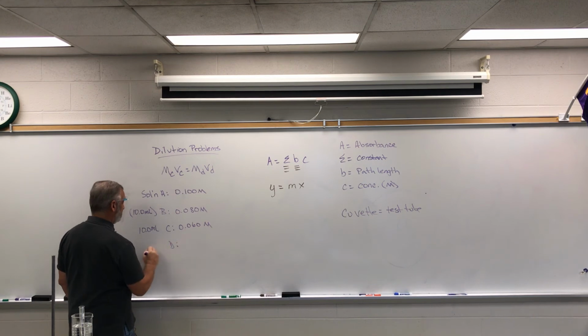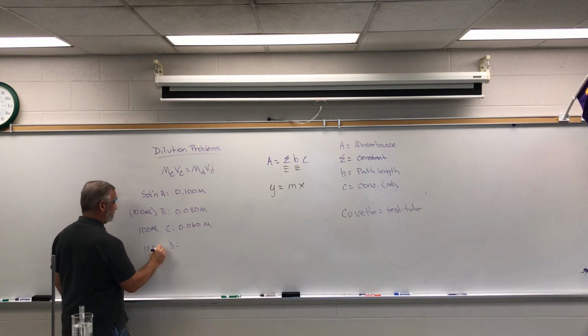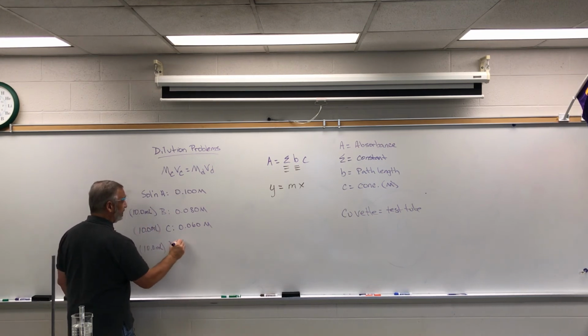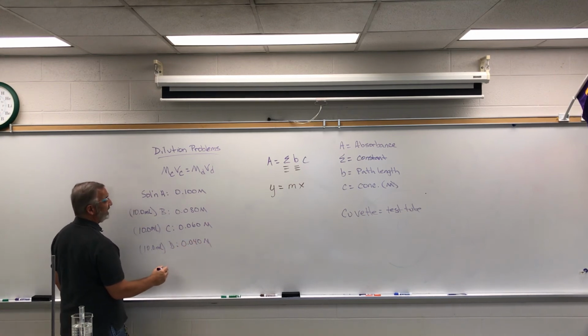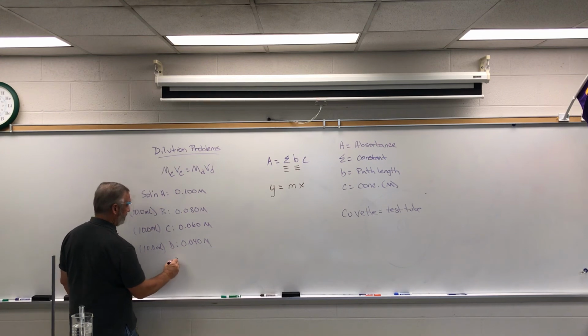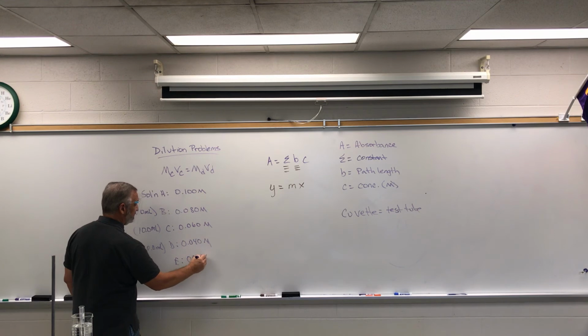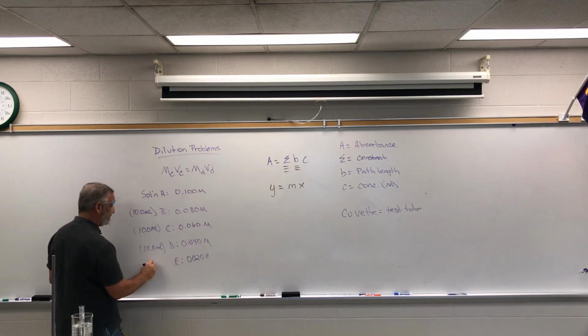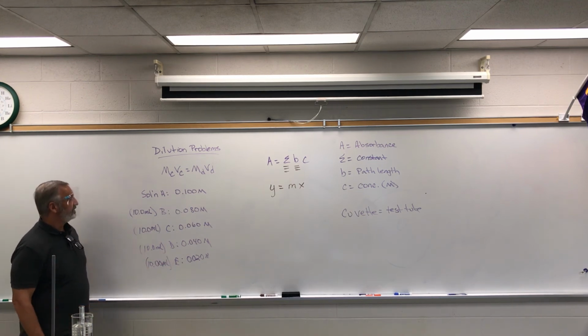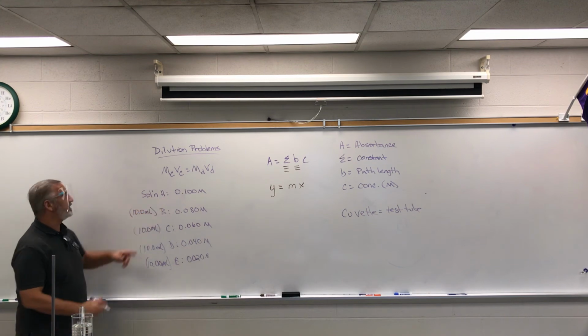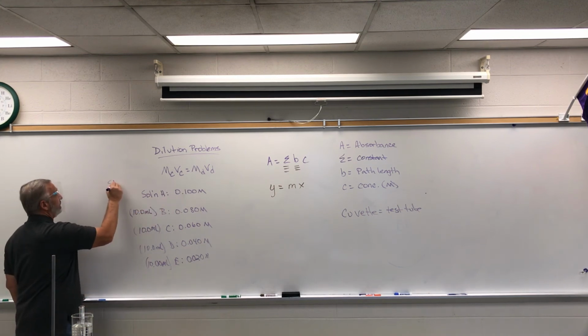Solution D, again 10 milliliters, and I'm going to want 0.040 molar. And then lastly, 0.020 molar. And again, you're making 10 milliliters of each one. So this is going to be what we call the stock solution. This is what you're going to work from.